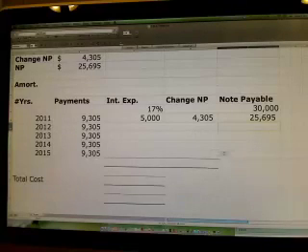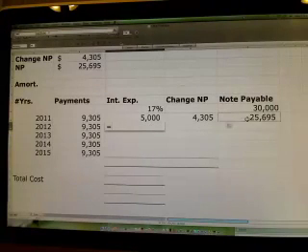Now you might be wondering how to fill in the remainder of the cells. Just follow along with me. As I stated, the payment never changes, but your interest expense changes due to the change in your note payable. So to find the interest expense for year 2012, it's your new balance, not the present value that we started off with, but the new note payable balance times the 17%.